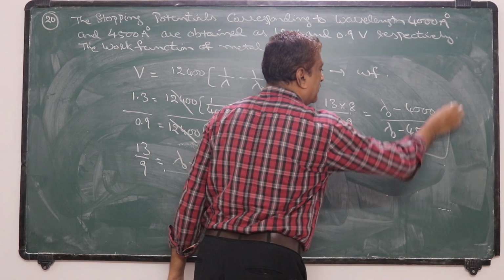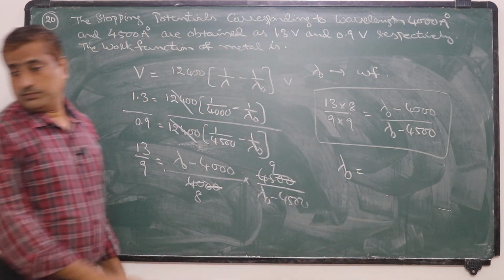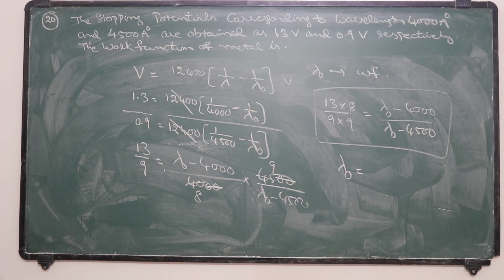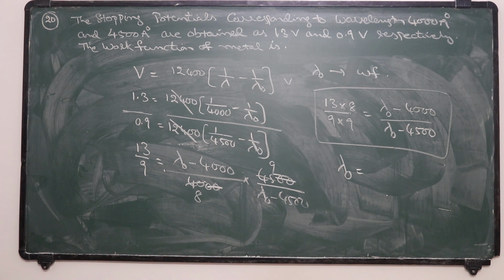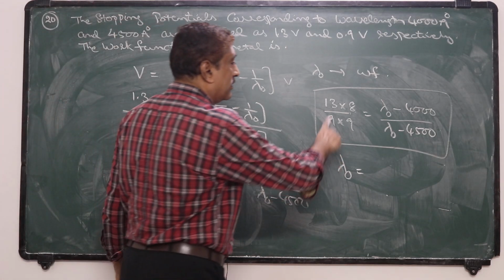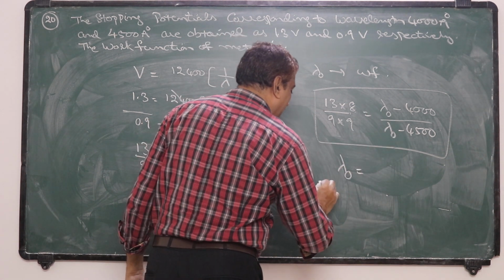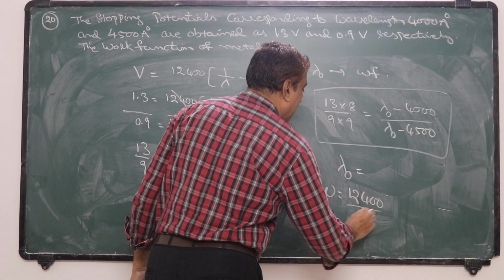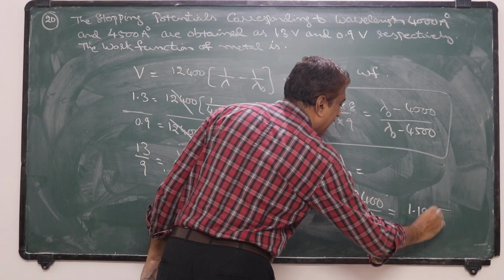Now solving these two, we get the wavelength as... So solving this, you can calculate this lambda value, and the work function is equal to 12400 by lambda 0, and you calculate it and you have to get 1.19 electron volt.